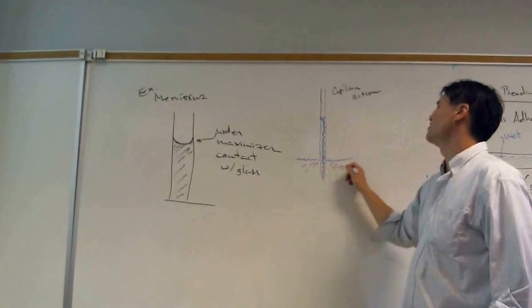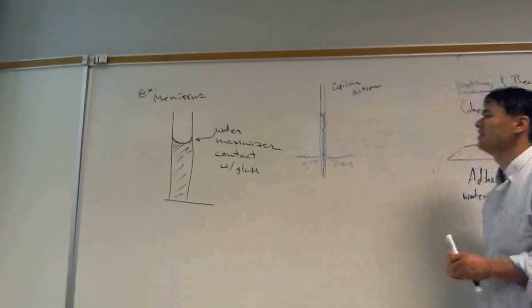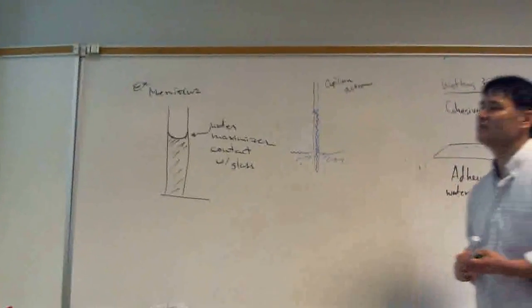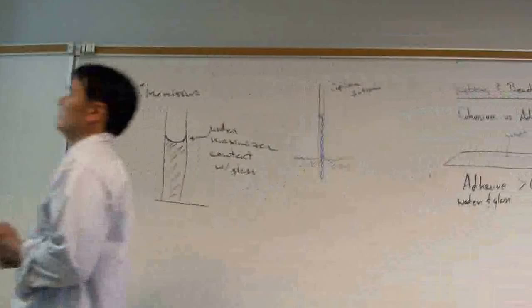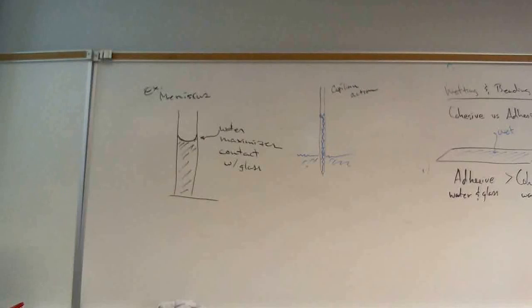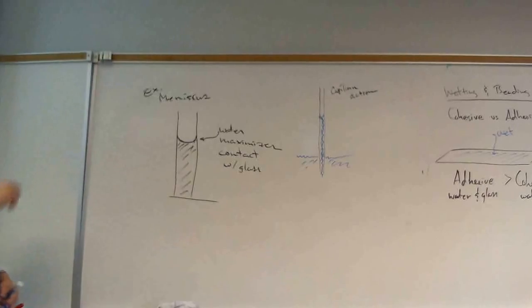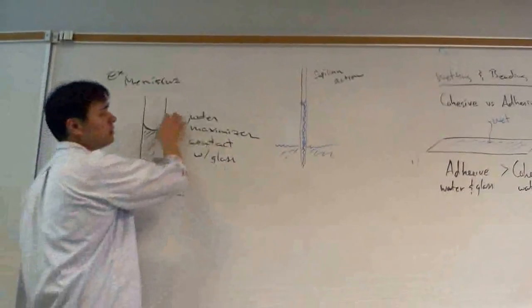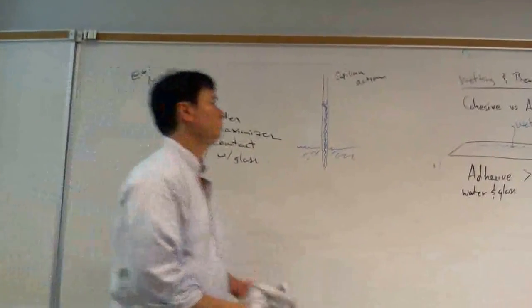And so we end up with a situation like this, capillary action. The water level is way up here. What is that caused by? Strong adhesive forces, trying to climb up.